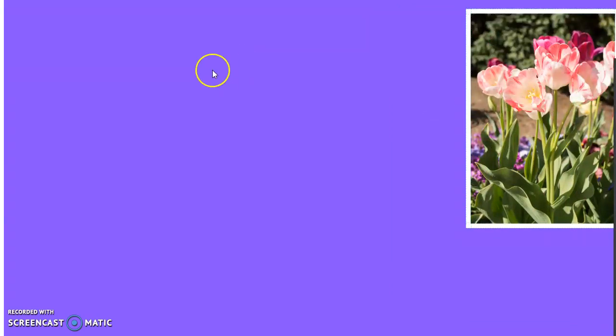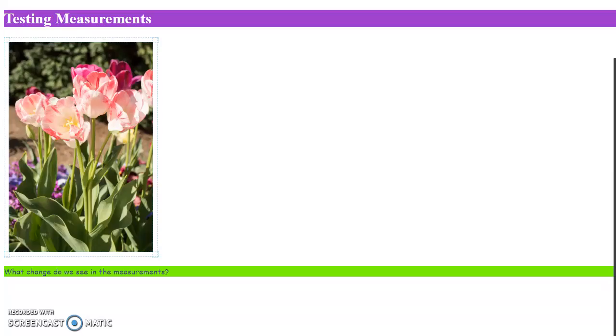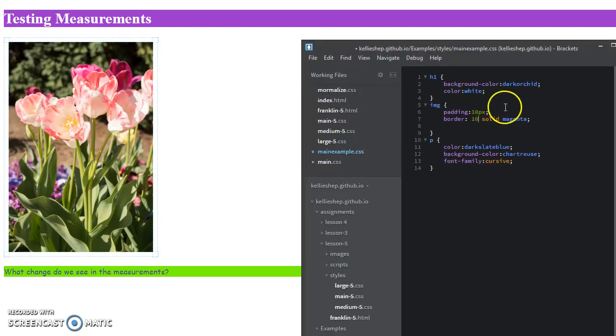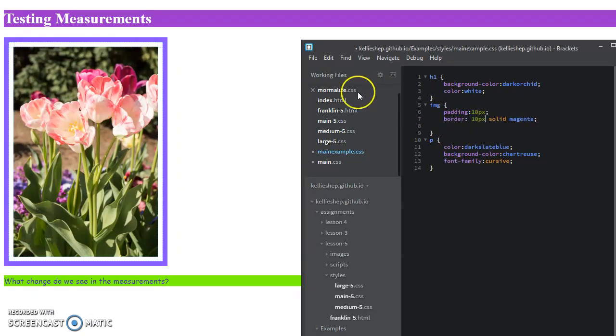You can see that this is a huge border length from the edge to the picture. Let's try another one that we can look at, and let's do pixels. And that's just a nice small 10 pixel border.